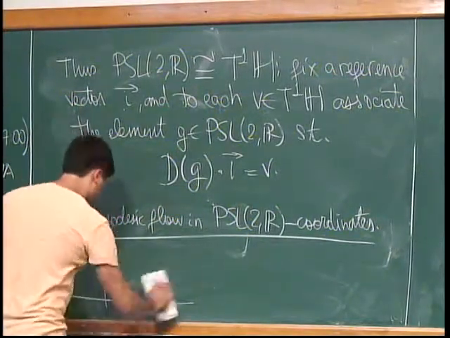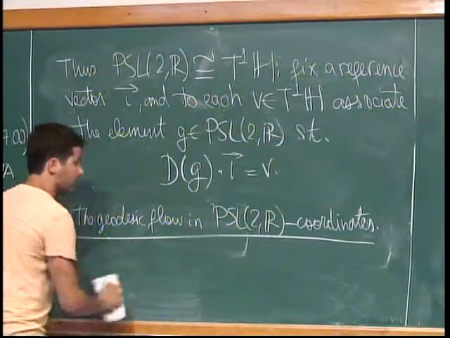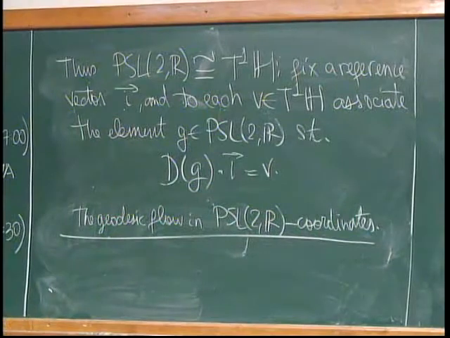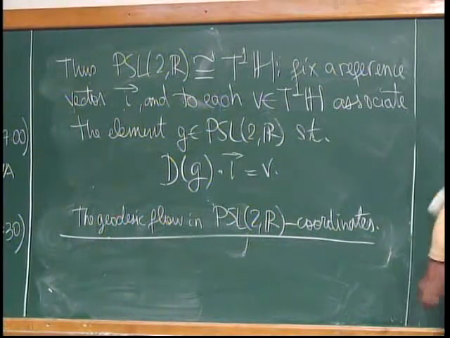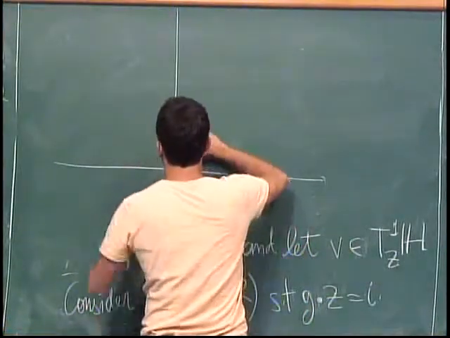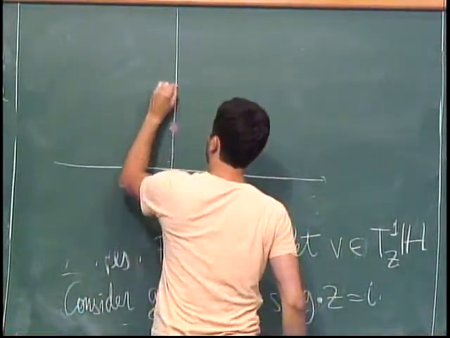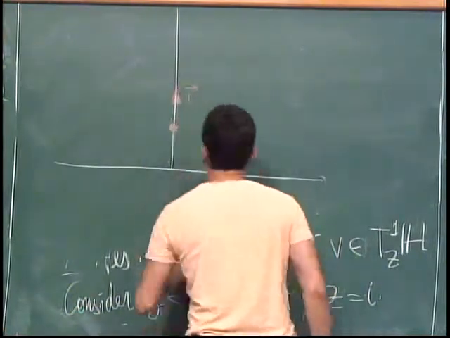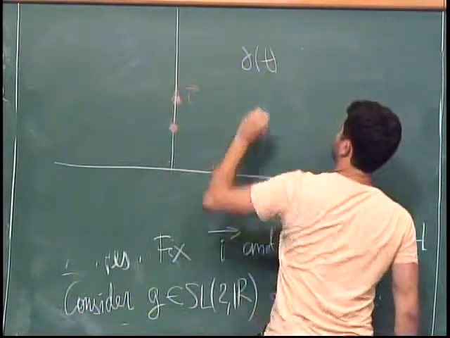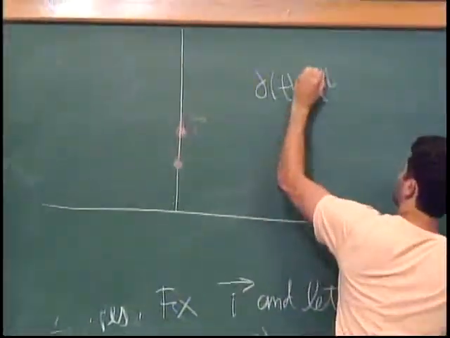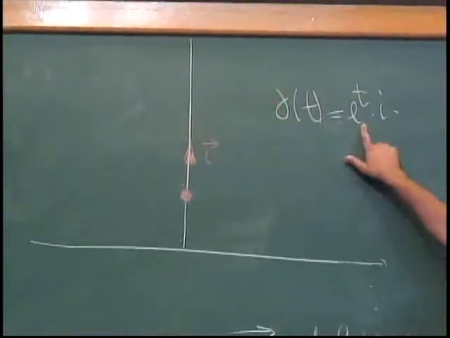So first, what we have to see is how the geodesic is parameterized by arc length. So look at the geodesic passing through I. You can check that the arc length parameterization of this guy here is this.